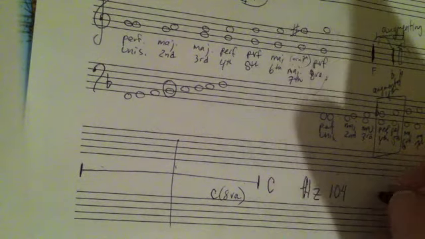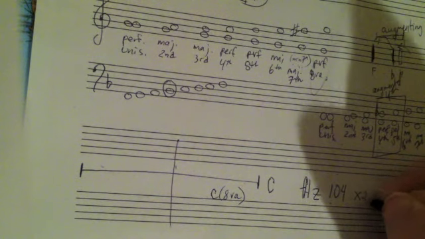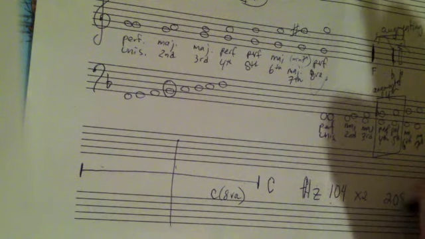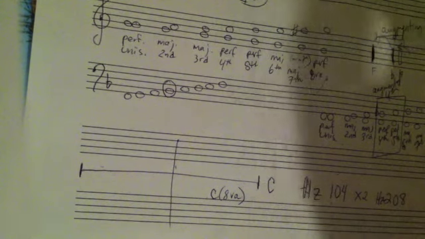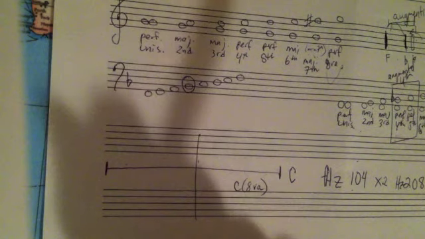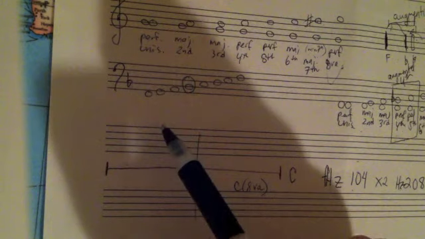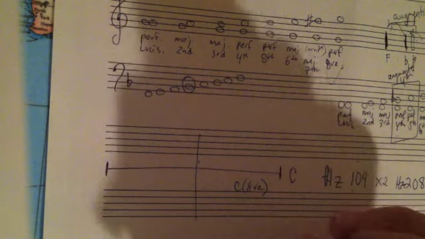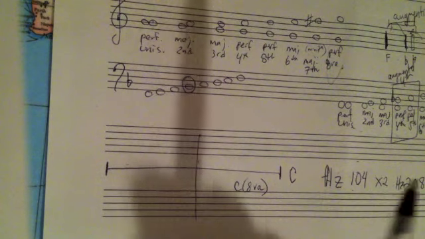And then you doubled it, so you had one that was 208. That would be another C. It would be the same note, but up an octave because of that ratio. So that's where we get a perfect octave. I think you can probably figure out why unison is called perfect, because it's the exact same note. Easy. Don't change anything.